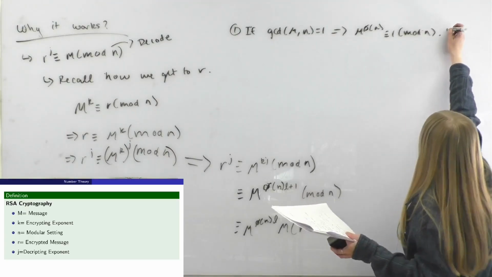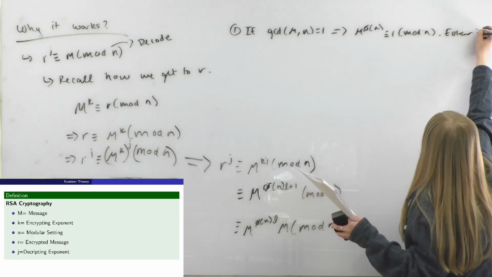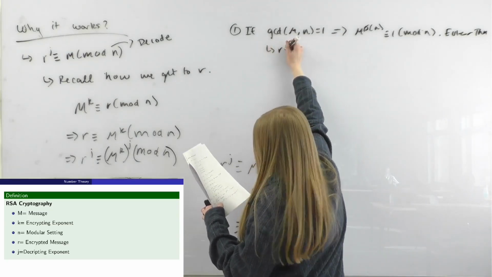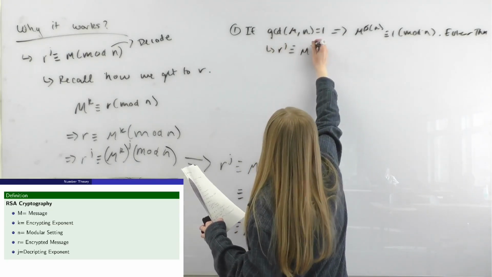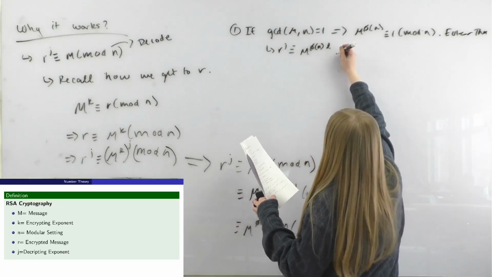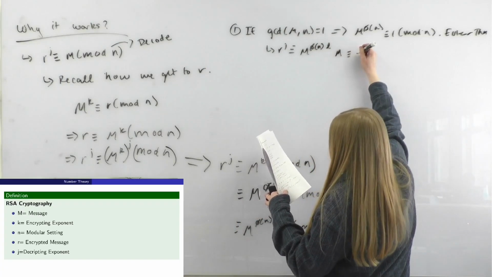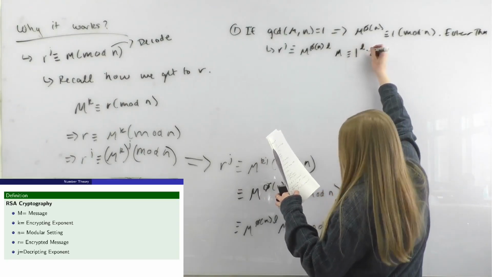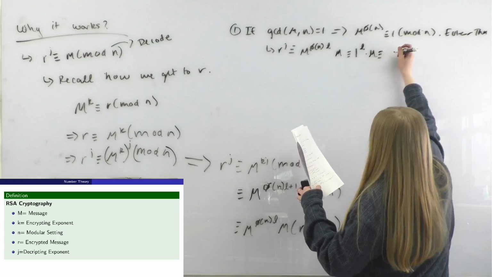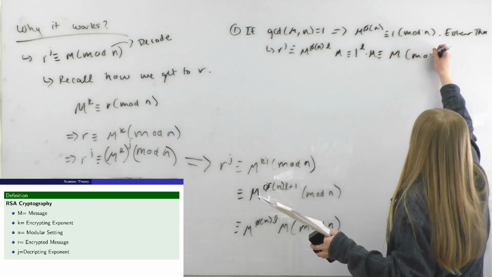Okay, and Euler's theorem tells us that r to the j is congruent to m to the phi of n times L, times m, which is congruent to 1 to the L times m, which is congruent to m mod n.